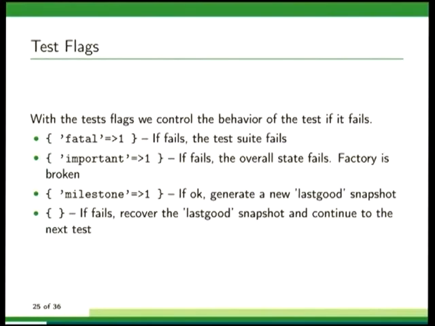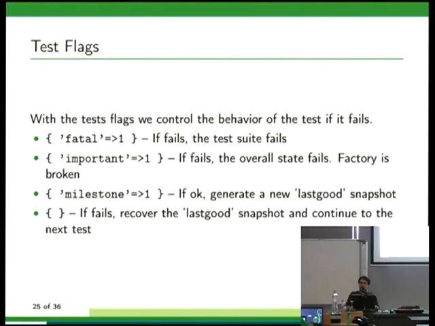If fatal is true, we stop testing everything. If it's important, we continue testing, but we mark this ISO as a broken one. This test is important, but we know that we can make further tests to discover new bugs in the ISO image, but we can consider this ISO as a valid one.